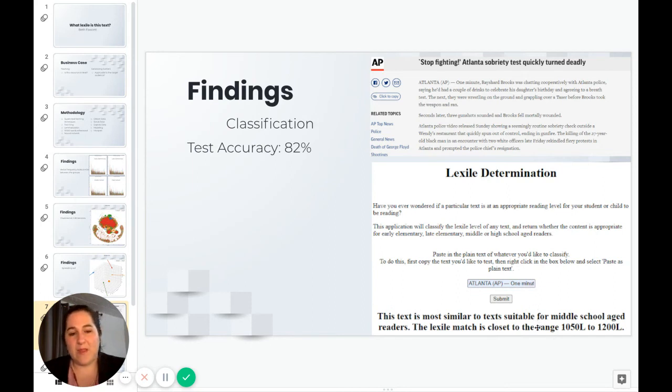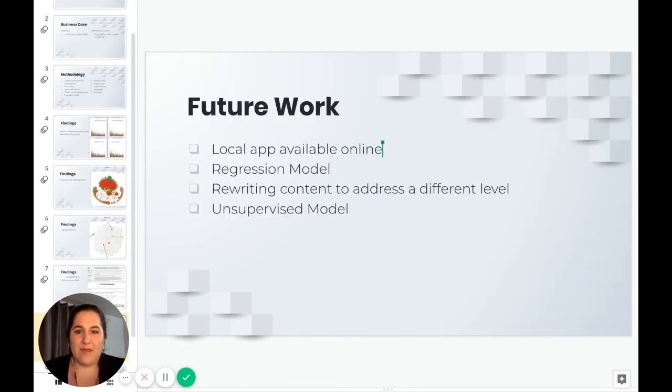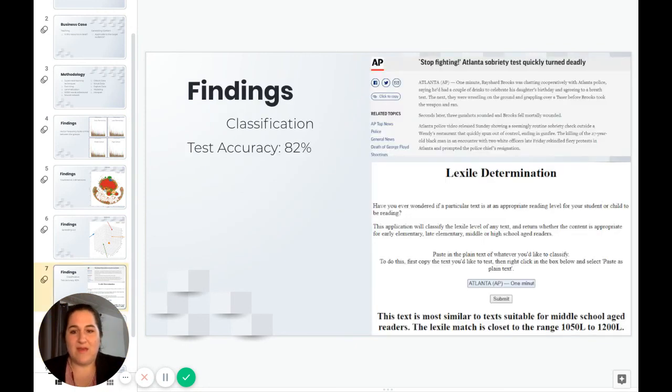I hit Submit, and this is the result that I got. This article, based on the model that I've generated, is at the middle school level.